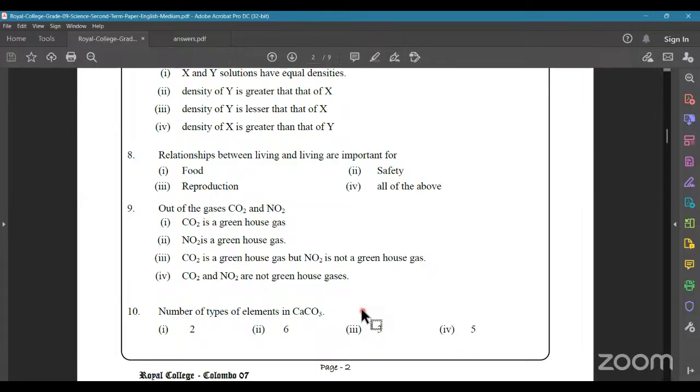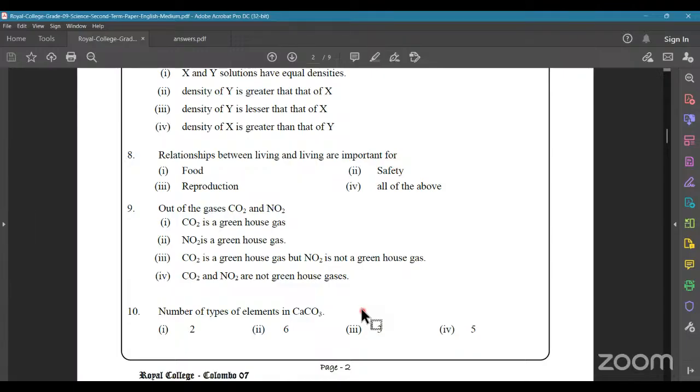When they are emitted to the atmosphere, they increase the temperature of Earth, and because of this global warming increases. In your textbook, they have mentioned that nitrogen dioxide is a greenhouse gas. Carbon dioxide is definitely a greenhouse gas.